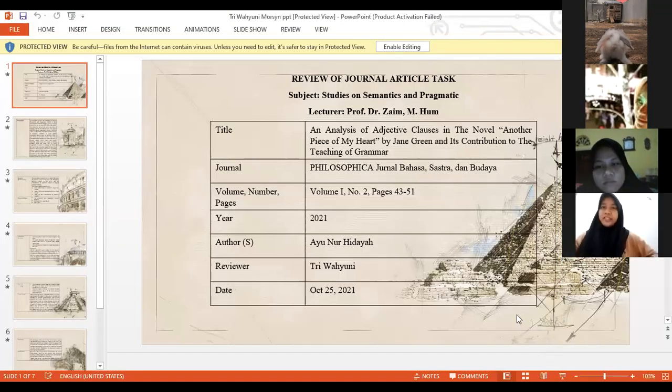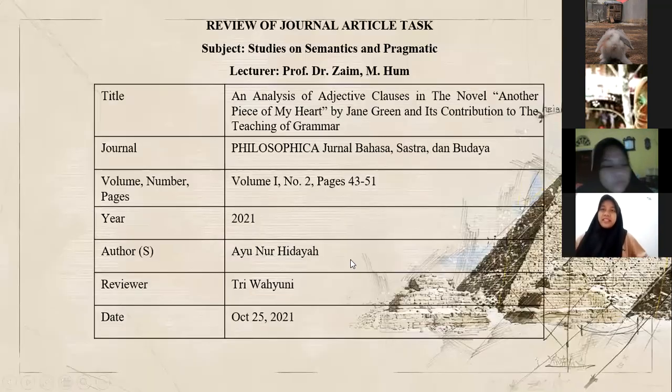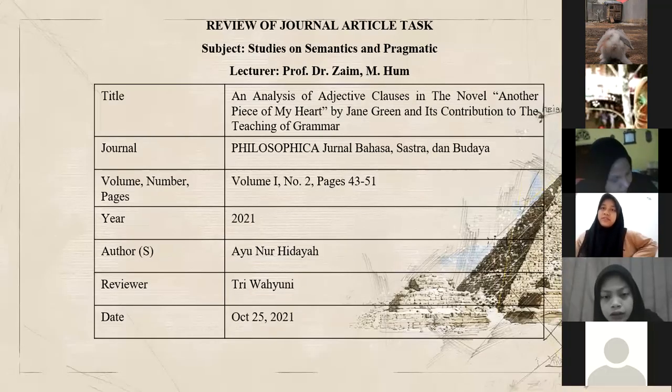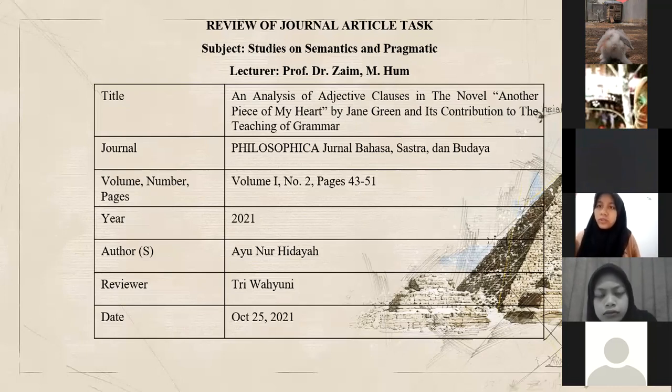Okay, thank you, moderator. I will read my review of journal article task. The title is An Analysis of Adjective Clause in the Novel Another Piece of My Heart by Jane Green and Its Contribution to the Teaching of Grammar.